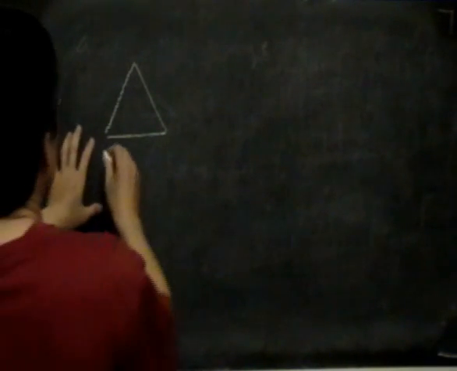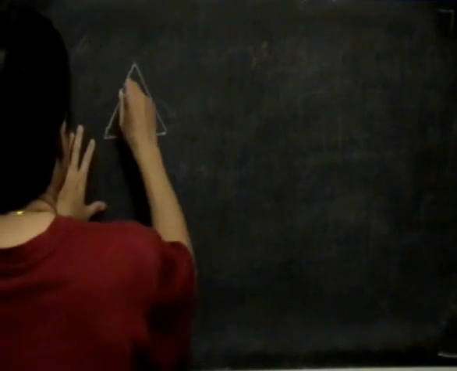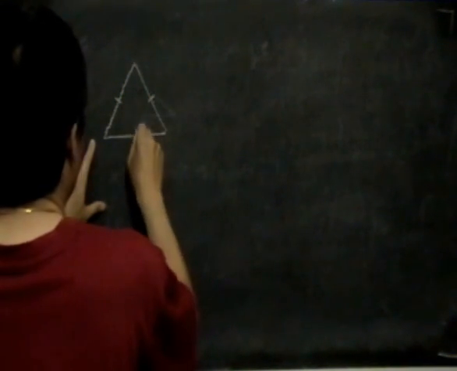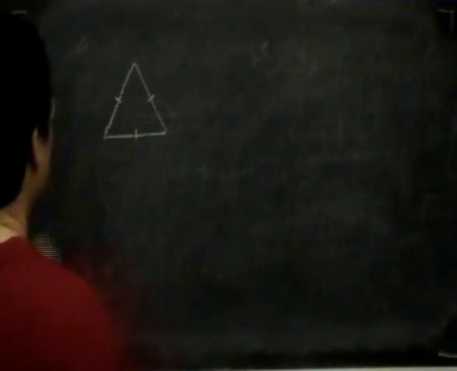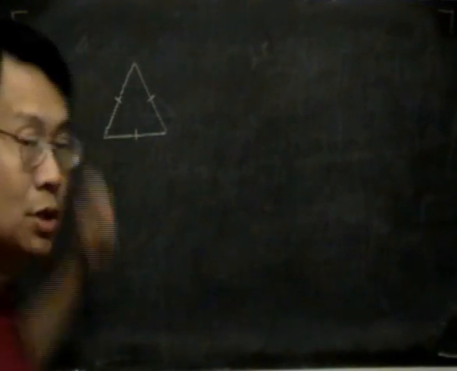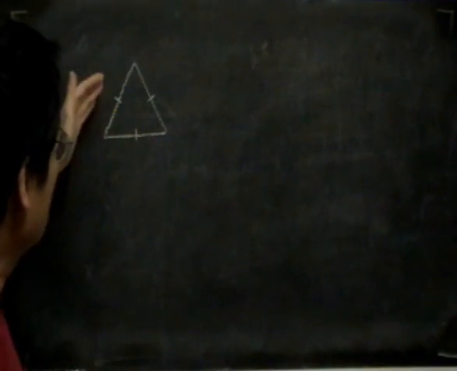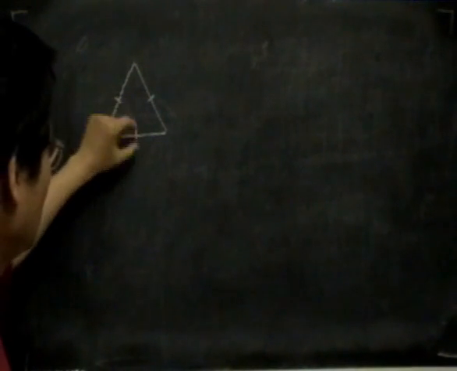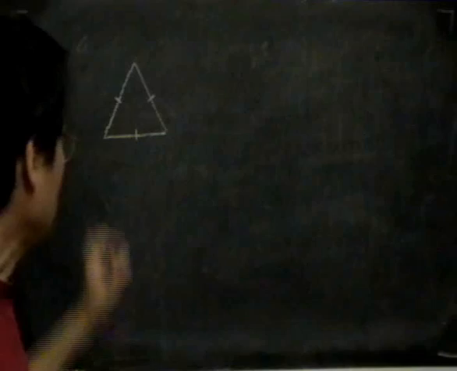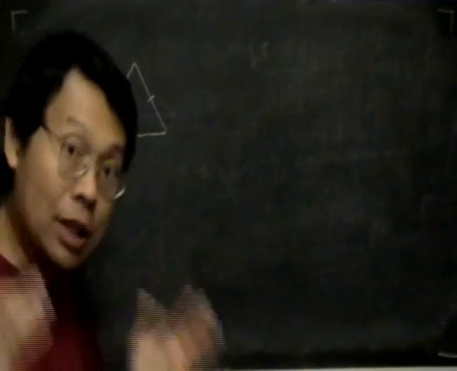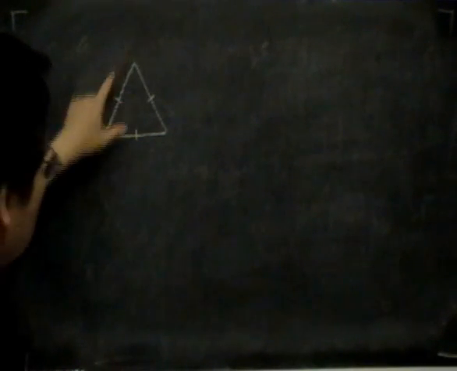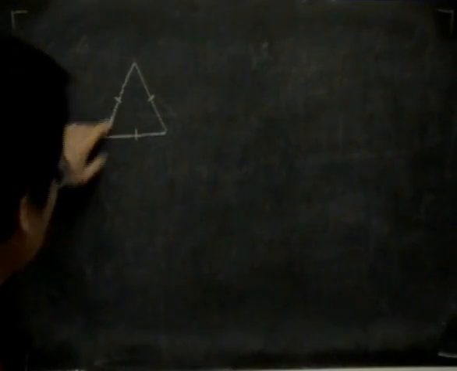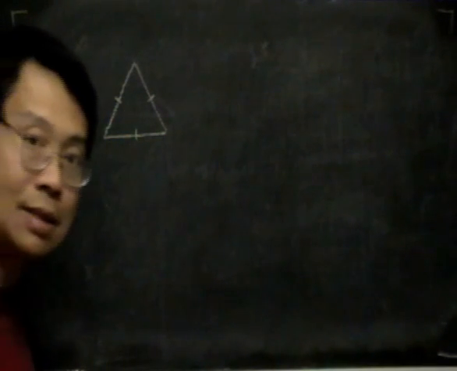Now, we can draw little short lines across each side to show that all the sides with these short lines have equal length. Okay, so if I draw a triangle like that with the little marks there, it means that this side equals that side equals that side.